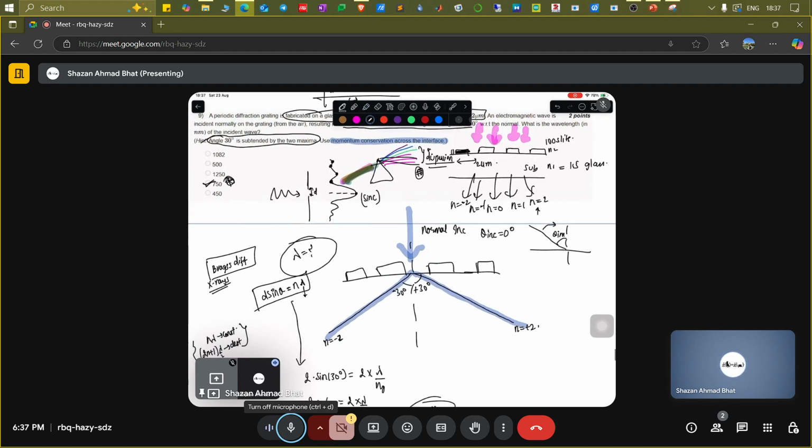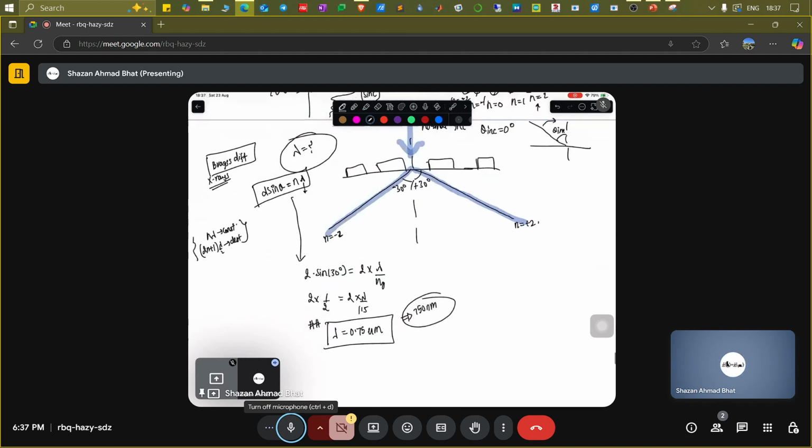I mean, basically, you can write a momentum conservation equation also in terms of, let's say, for example, some incoming wave vector k1 sine theta 1 minus k2. This is not momentum conservation exactly, but we can write an equation like this where this g is 2 pi by a.